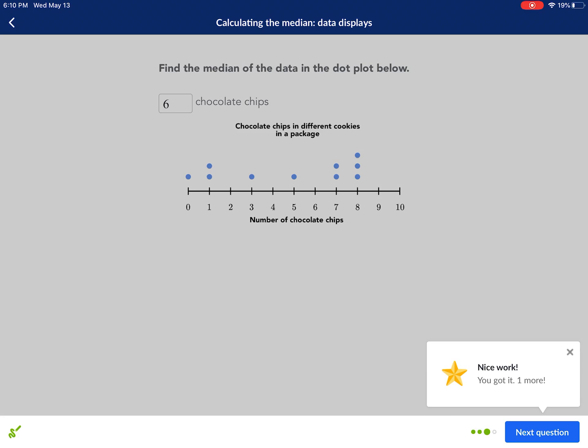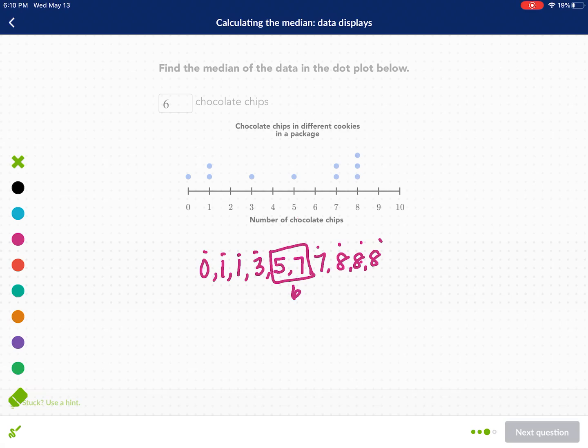Oh, one thing I wanted to point out to you guys too. There is a way of figuring out where your middle number would be when you're dealing with larger sets of data, because let's say you collected data from like 1,000 chocolate chip cookies. There is no way you would want to sit there and count in.